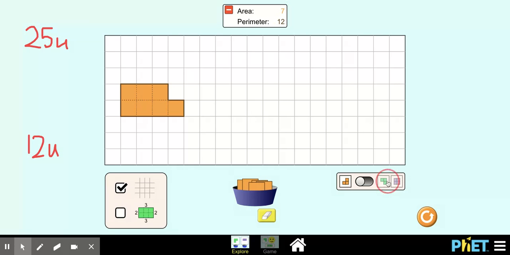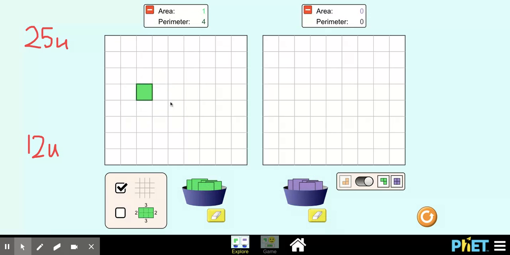We can show that as well on a split screen. So I can use my 12 units of area. Sorry, not area, 12 units of perimeter like this. Or I can use my 12 units of perimeter, my 12 units of fencing, like this.